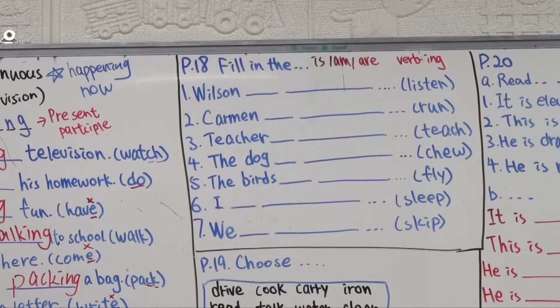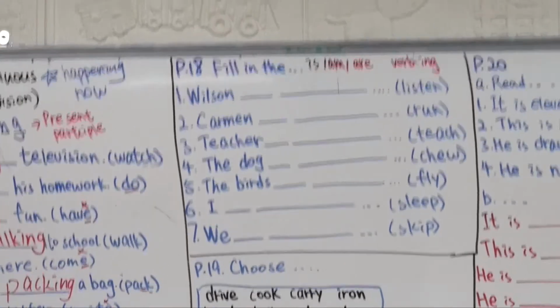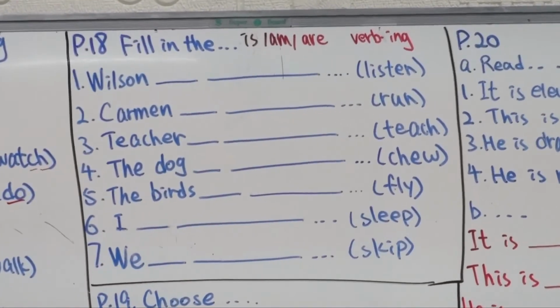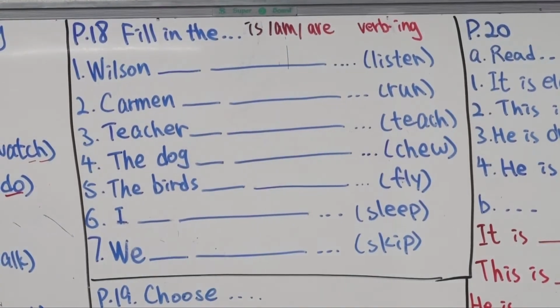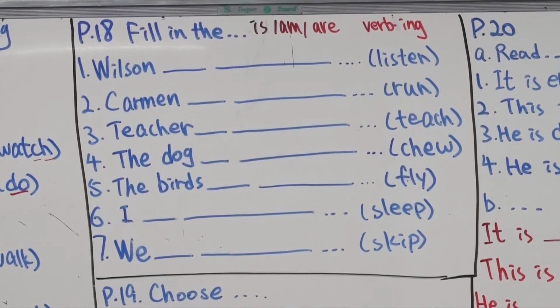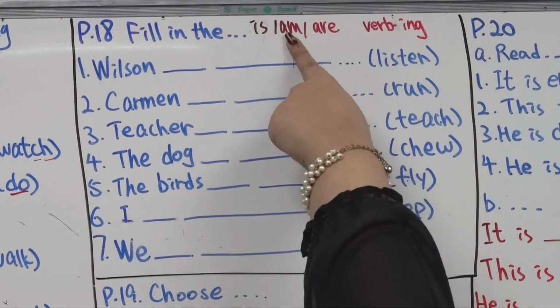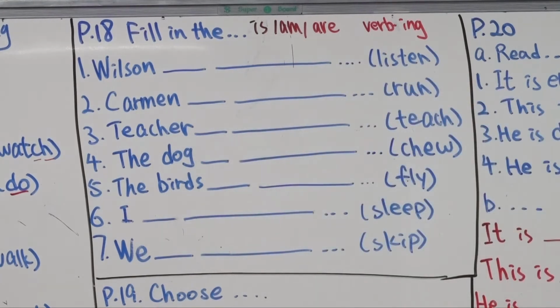I am writing a letter. So, the example has been done for you. The word write ends with E. That's why we have to cross out the E and then add ing. I is followed with the verb to be am. So that's why we use am. Okay, number one.